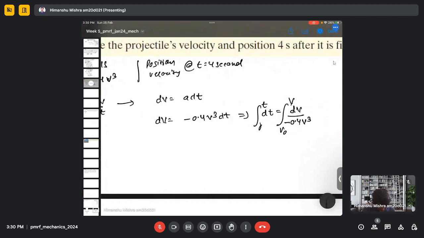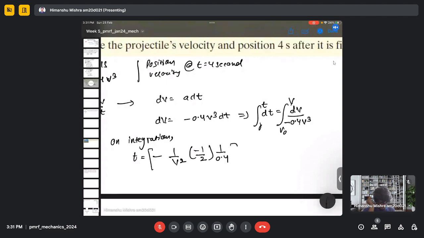So when we integrate, we will get t equals 1 by 0.8 times 1 by v square from 60 to v.